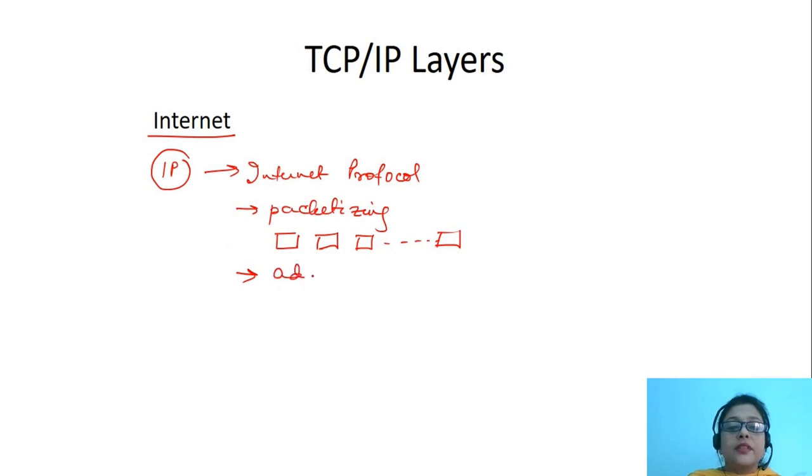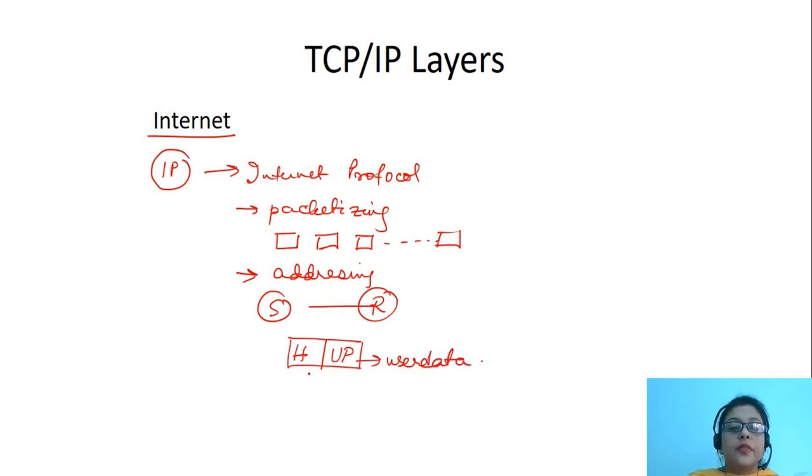Next, addressing. Each packet from the sender to the receiver must have an IP address. Otherwise, it will be difficult for the packet to reach the destination. So a packet is divided into two parts. One is the header part and the other one is the user payload part, also called the user data.